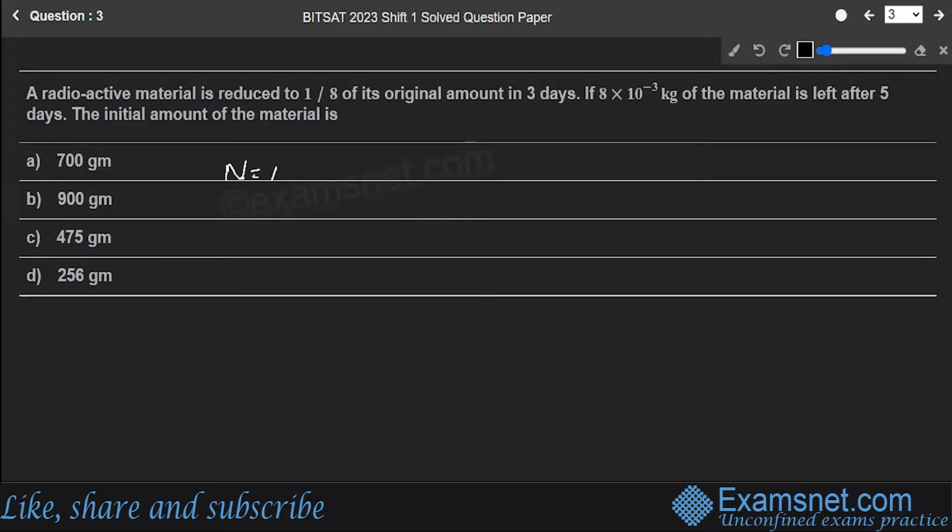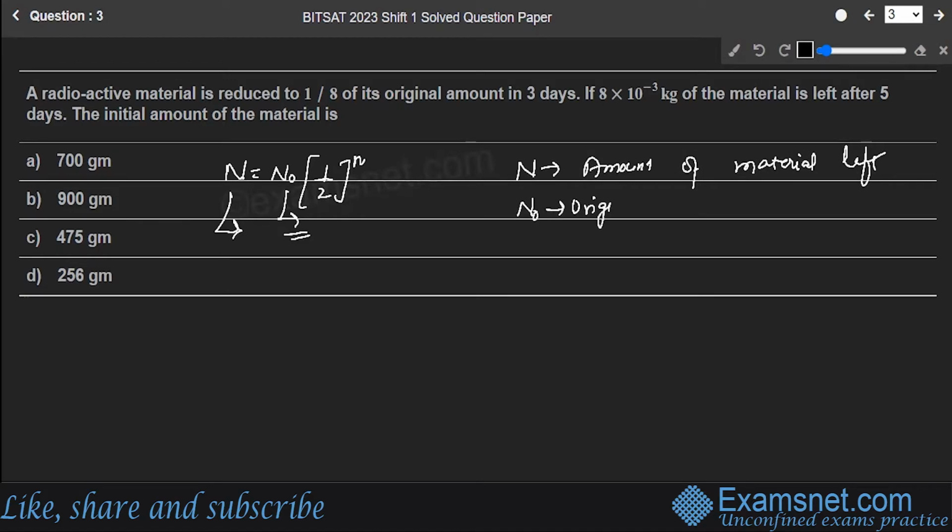The radioactive decay formula is given by N is equal to N naught into 1 by 2 raised to power small n. Here N is the amount of the radioactive material left after the decay, N naught is the original amount of material, and small n is the number of half-lives.